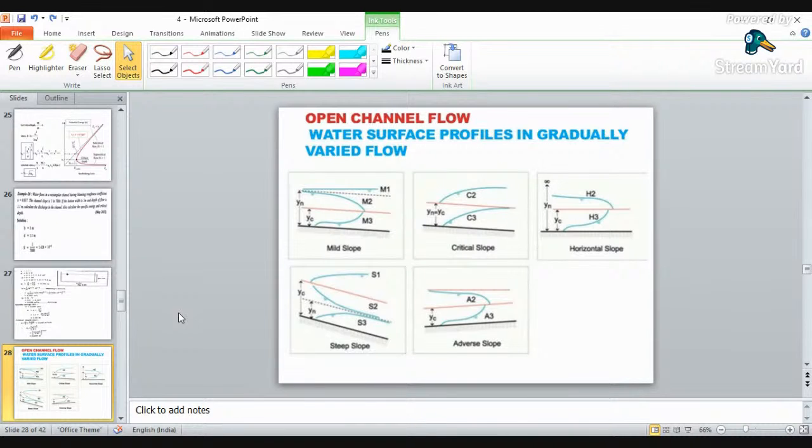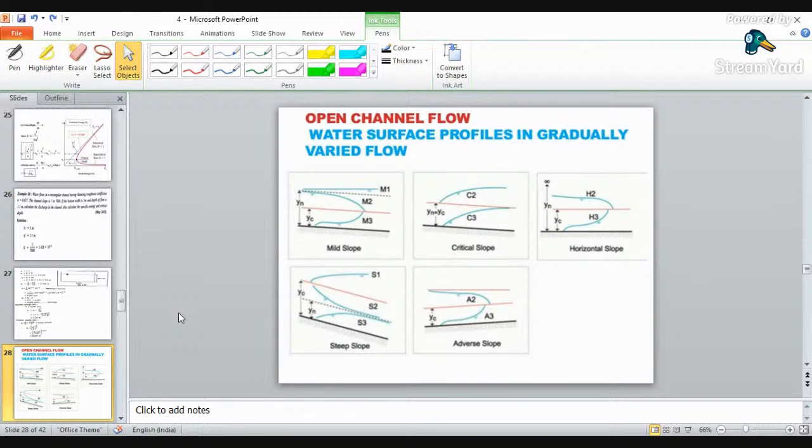That will be associated with your Yn, that is normal depth. Okay, so once you have fixed all three lines, then we have to check which type of profile this is. If the profile is of the first type, that is your Yc and Yn are greater than your water depth, then it will be considered as a mild slope.